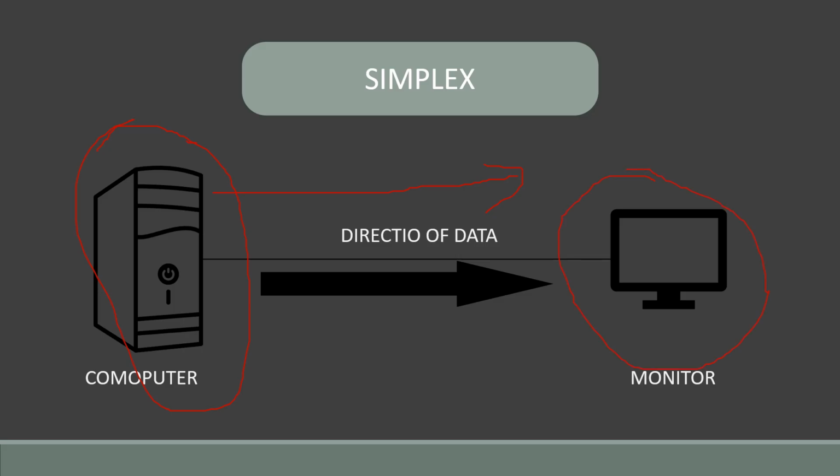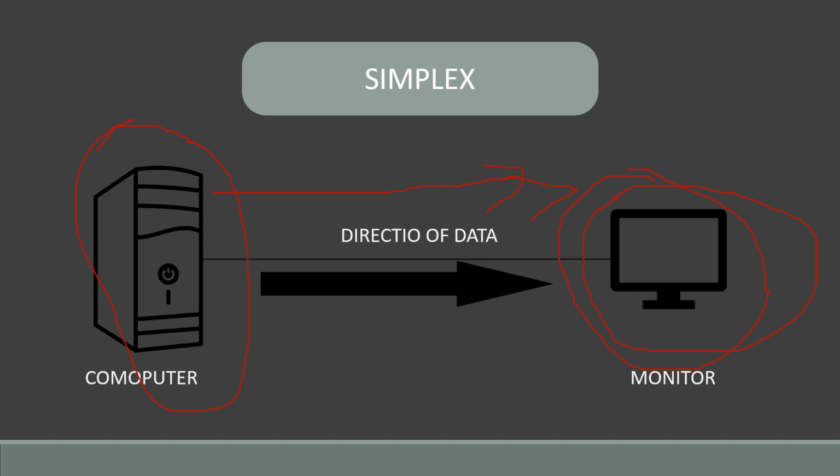So you have seen that a CPU only sends video signal to the monitor and the monitor just displays it to the user. Okay, the monitor does not send any kind of signal back to the CPU. So this is a kind of example of simplex mode of transmission.